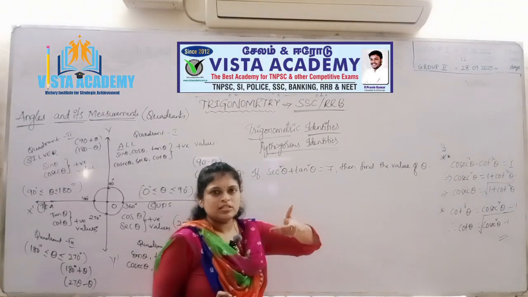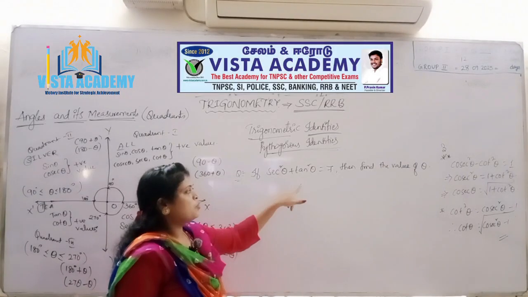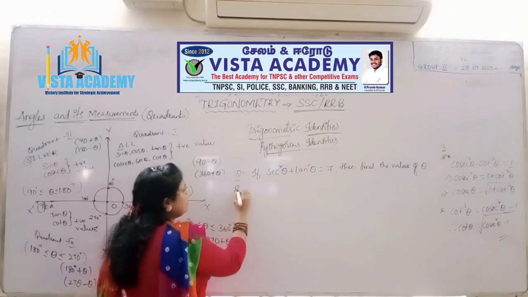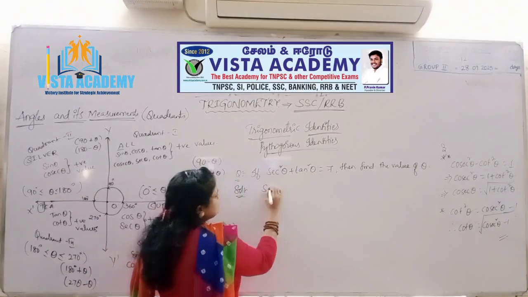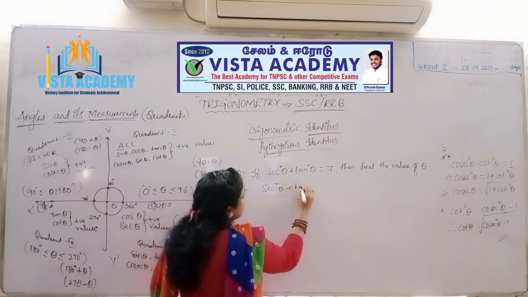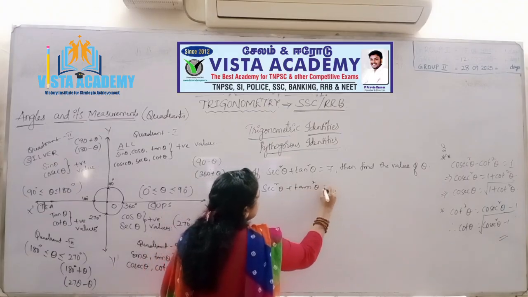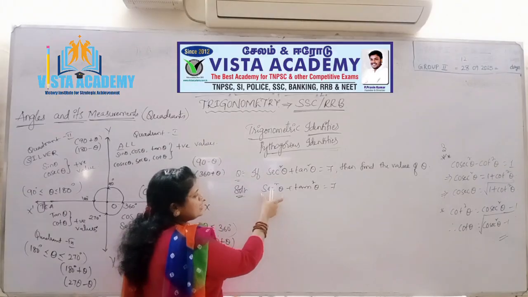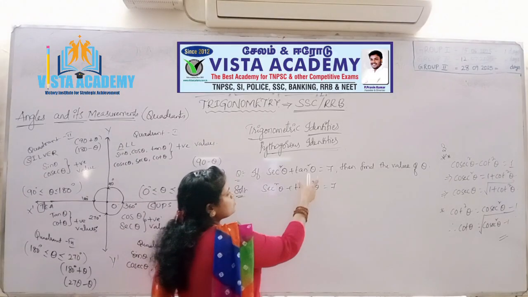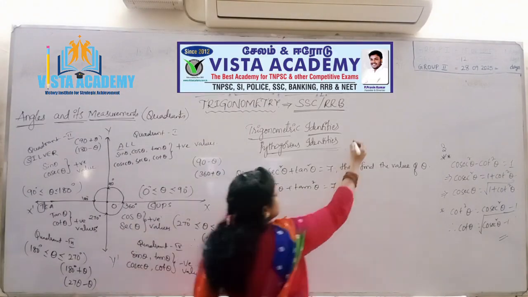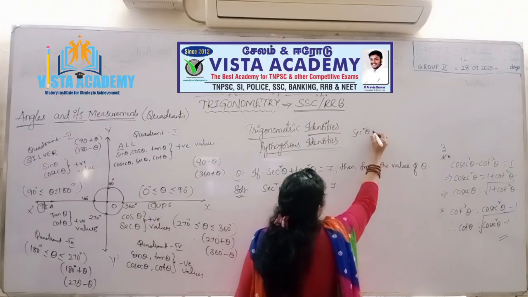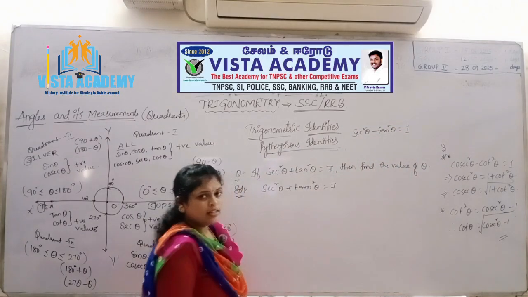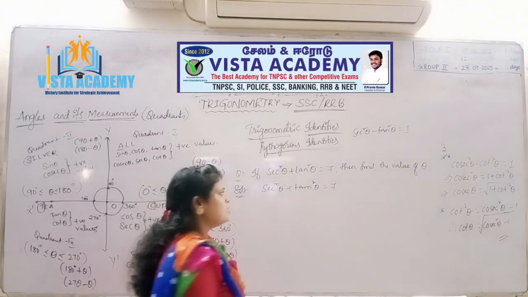It means that given this conditional statement, we need to prove by using this particular condition. Let us solve the answer. Secant square theta plus tan square theta is equal to 7. We are given that. Now, can I substitute my secant square theta value in terms of tan square theta? As we know, secant square theta minus tan square theta is equal to 1.